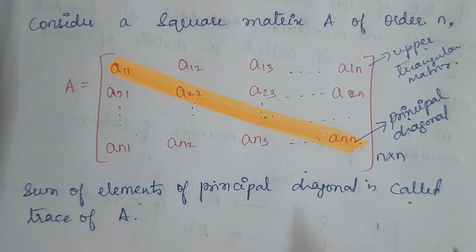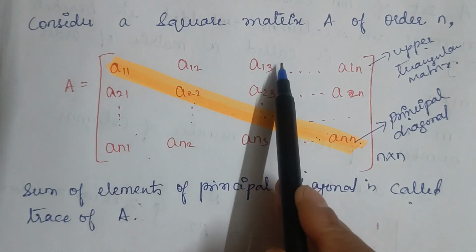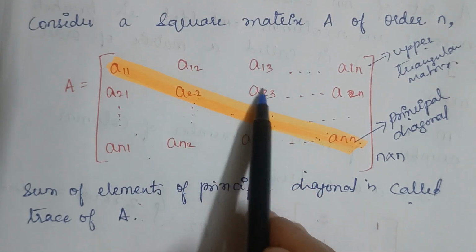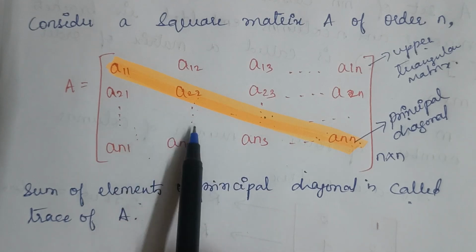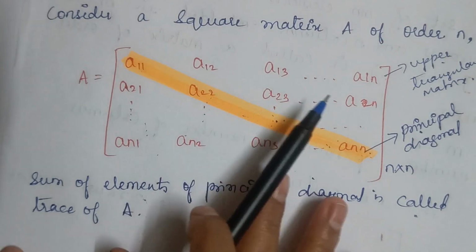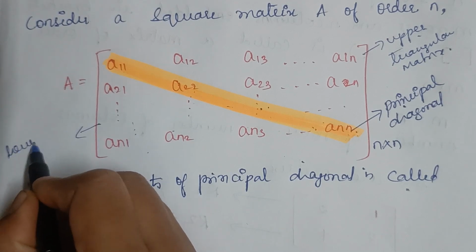Vice versa, here you can see above the principal diagonal we have all zeros, but below we have non-zero elements. So this is going to be a lower triangular matrix.